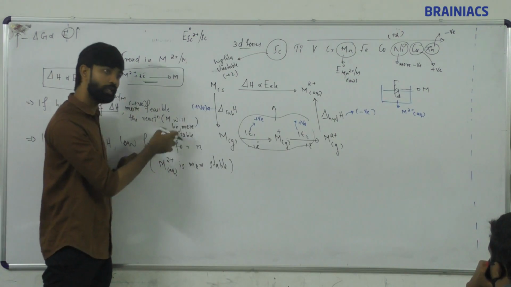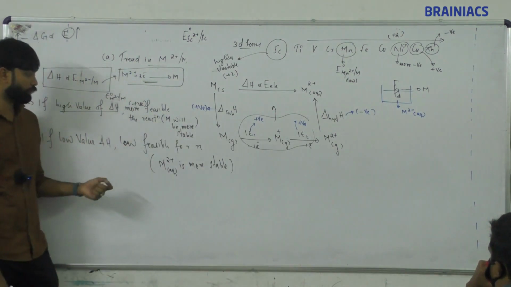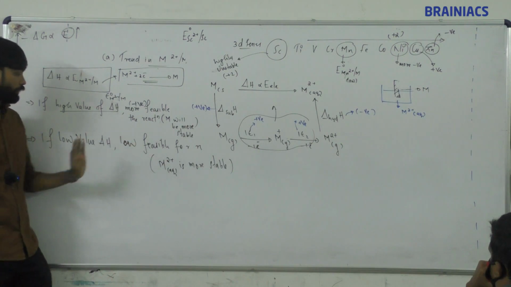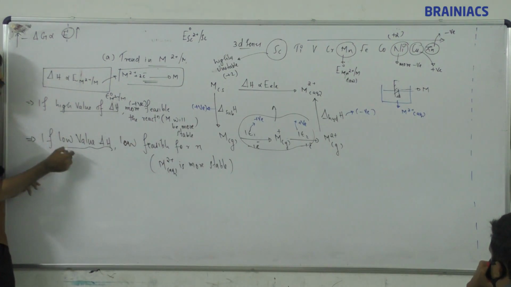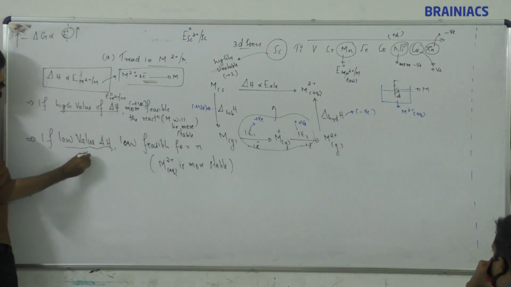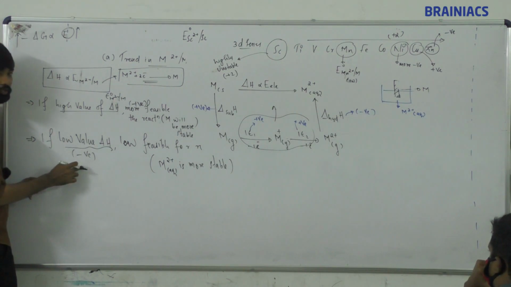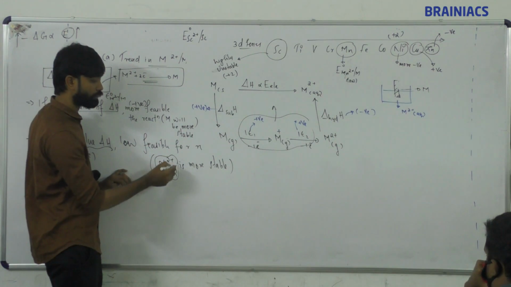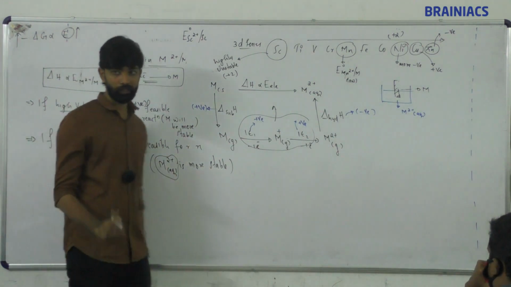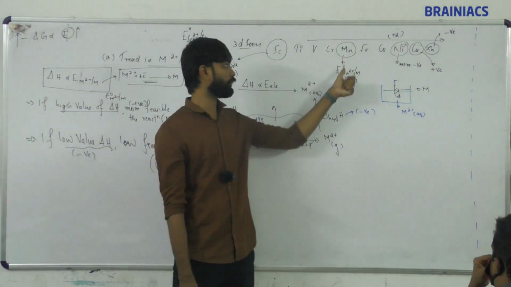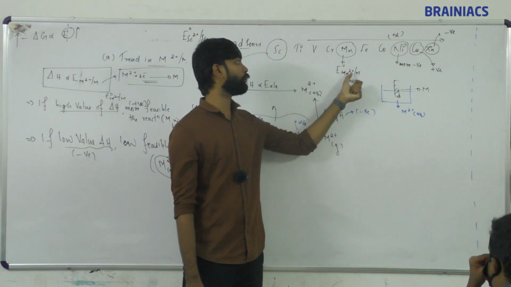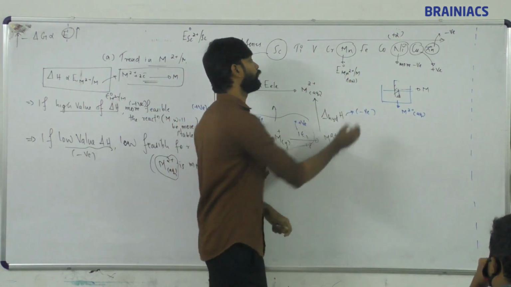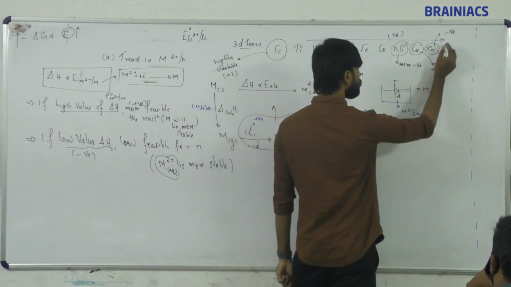M more stable means M2+ is relatively unstable. Or if the value is low, which means negative, then M2+ will be more stable. That is a point. So the first explanation: why E0 Mn2+/Mn and E0 Zn2+/Zn are much lower, or more negative.